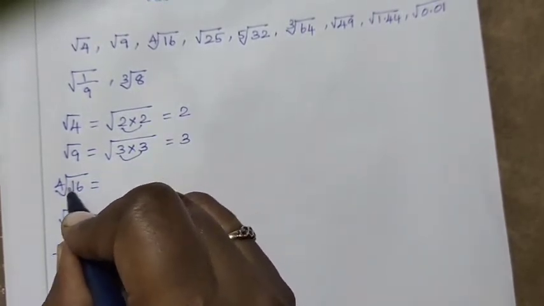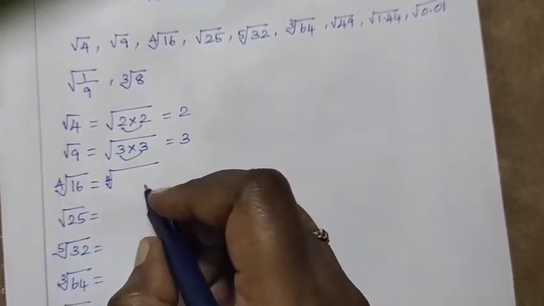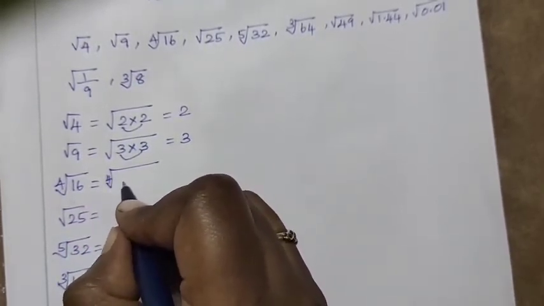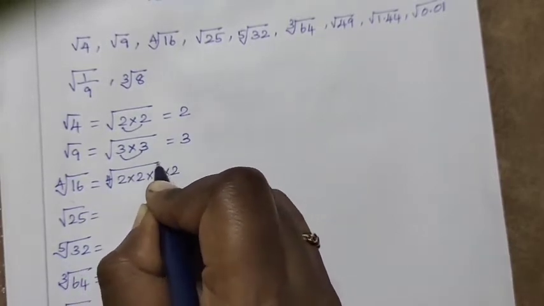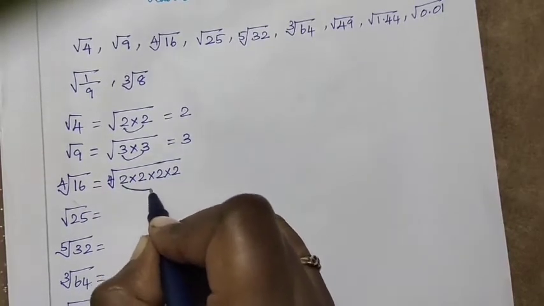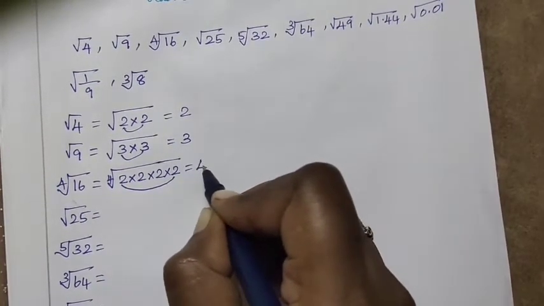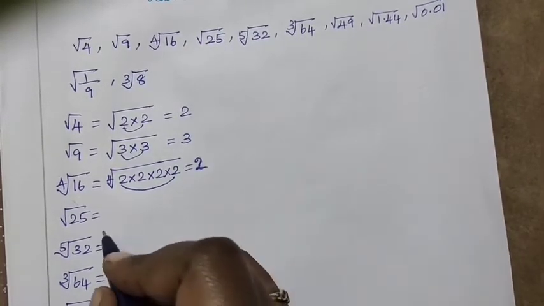Answer is 3. Then 4th root of 16. 16 can be written as 2 into 2 into 2 into 2. 2 2s are 4, 4 4s are 16. So the answer is 2.